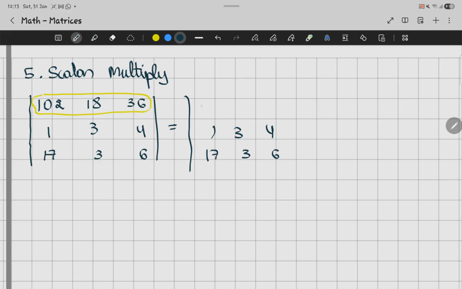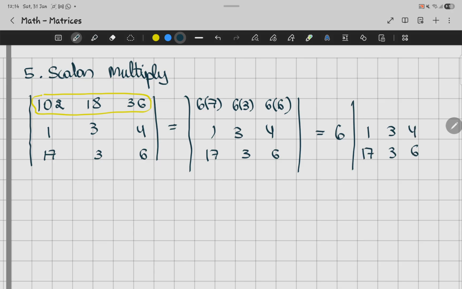So it's going to be 6 times 7, 6 times 3, lastly 6 times 6. Because of that, we can take out the 6 that you see there. So it's going to give us 6, and nothing else is going to change. It's going to be 3, 4, 17, 3, 6. Then we're going to remain with 7, 3, 6.